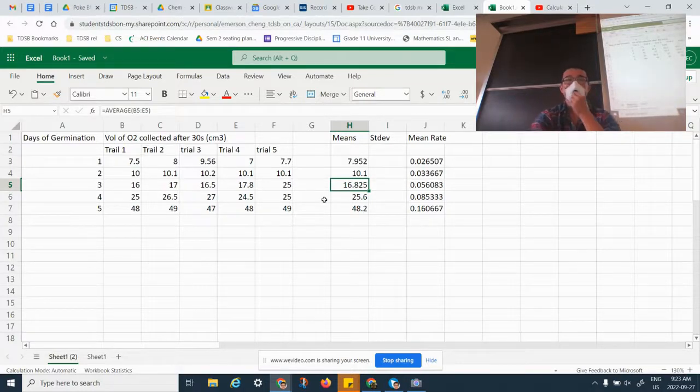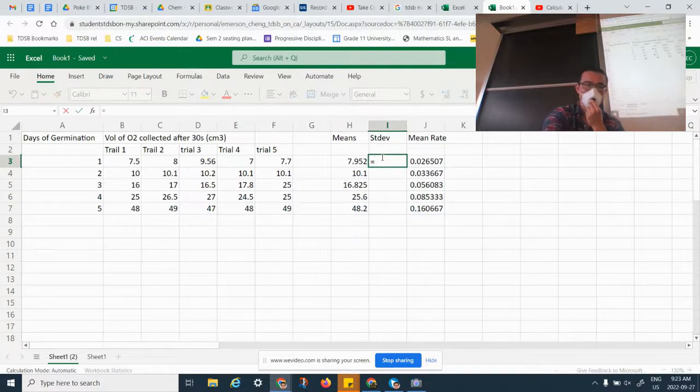So the second part, standard deviation. Again, you guys have not learned it before, but as I said, you don't need to know how to do it mathematically by hand or by a calculator. I just need you to know how to do it on a spreadsheet. So again, Excel has a function for that. You put the equal sign, and then just STDEV.